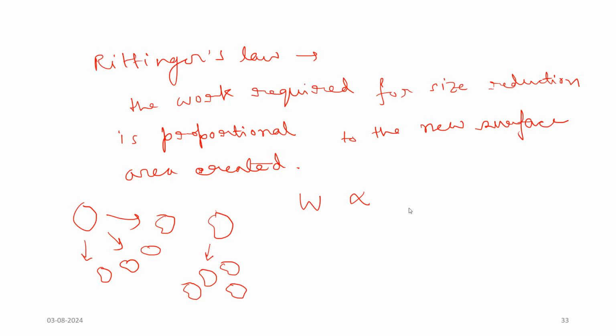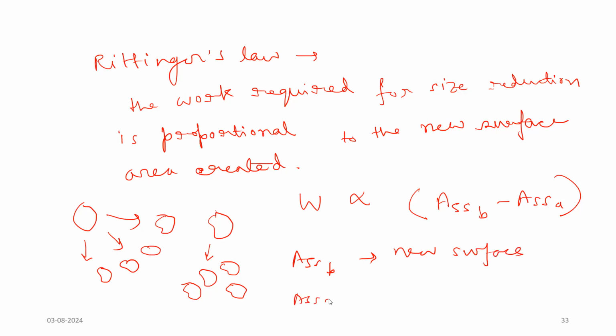So it is proportional to the new surface area created. You may find that the notation I am using and what sir has used is different, but the basic fundamental is the same. The notation is different only, nothing else. So Sb is the new surface created, and this is the old surface, and we are taking the difference of them, and that is proportional to the work required for Rittinger's law.